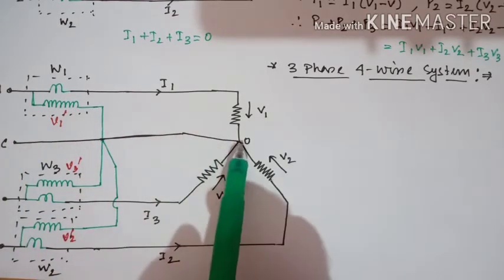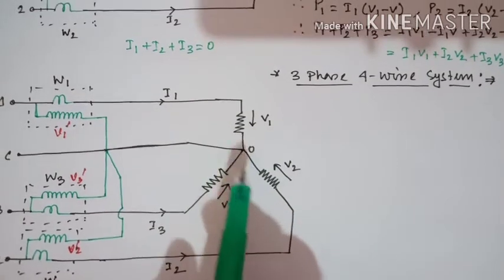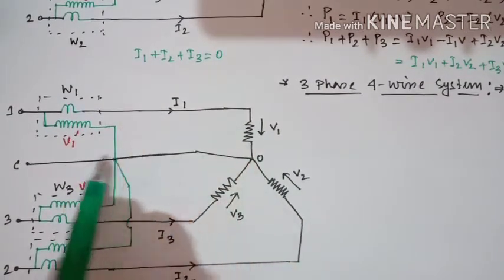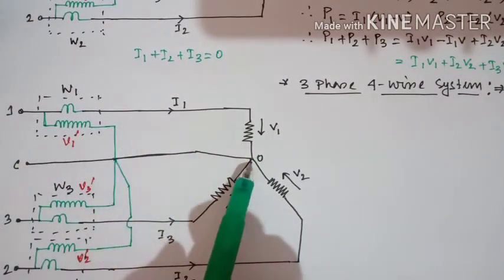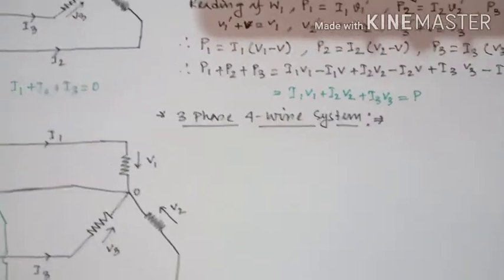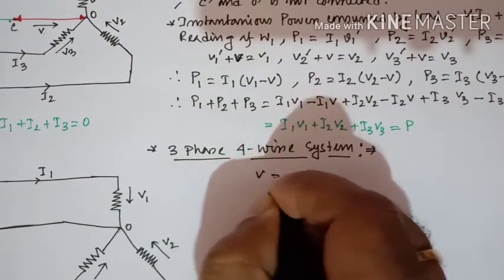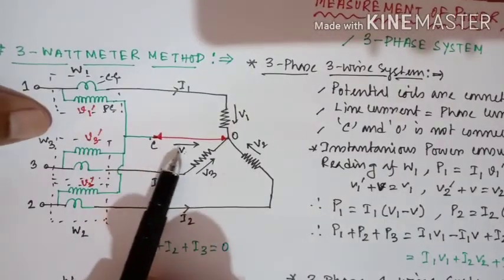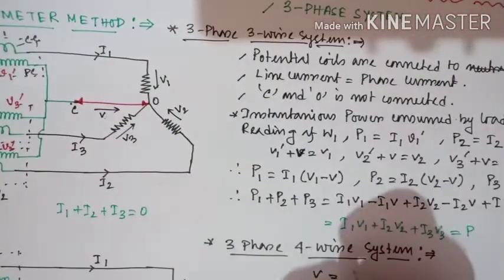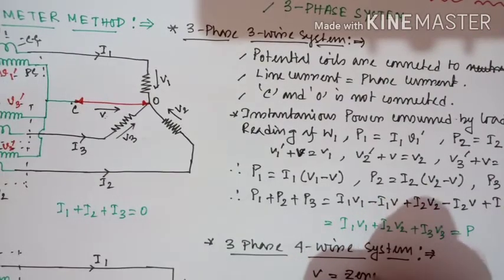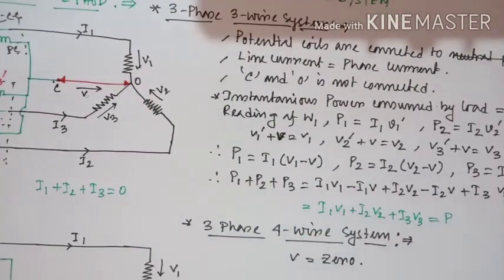So as C and O are connected, we can find that the voltage difference between C point and O point should be 0. That means the value of V, that is the voltage between C and O point, should be equal to 0.